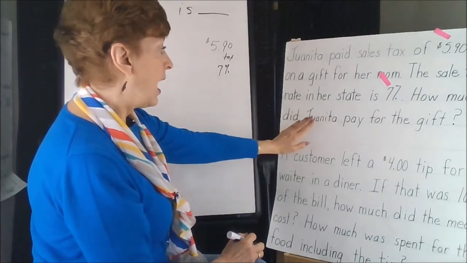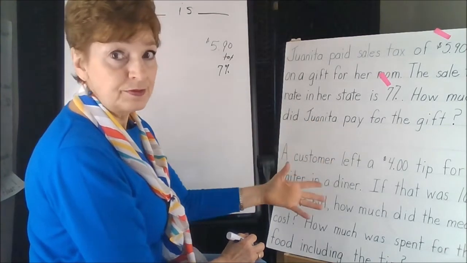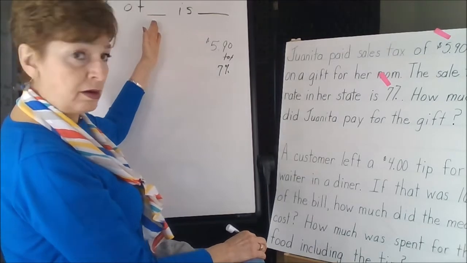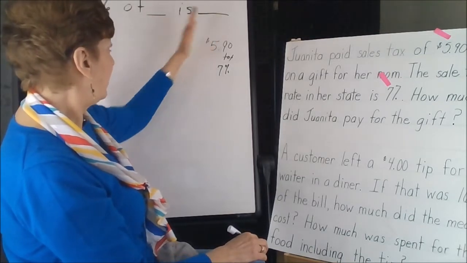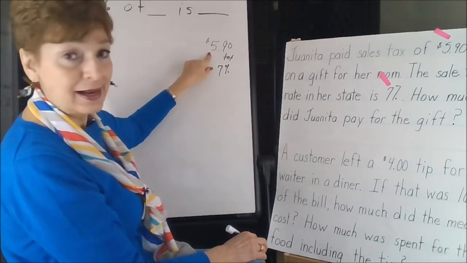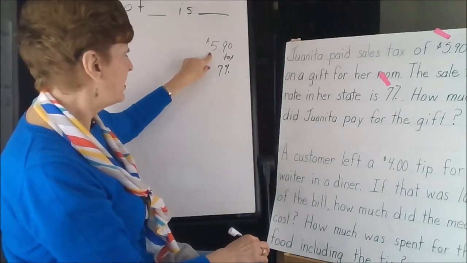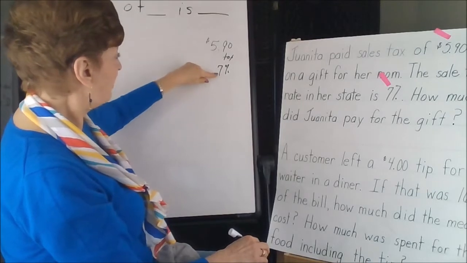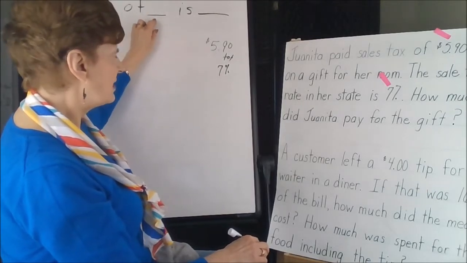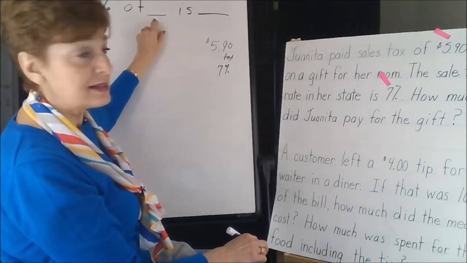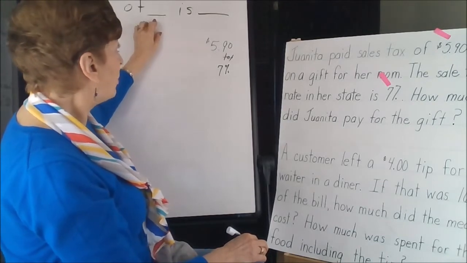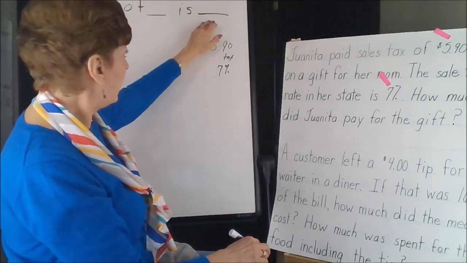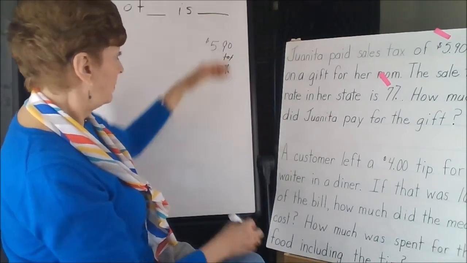it's asking how much did Juanita pay for the gift? Well, would the gift be more or less than the tax itself, the $5.90? If Juanita had 7% of this $5.90, if we put our tax here, then we're going to get an even smaller number for the end answer.